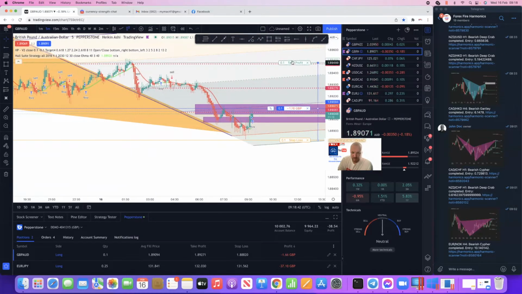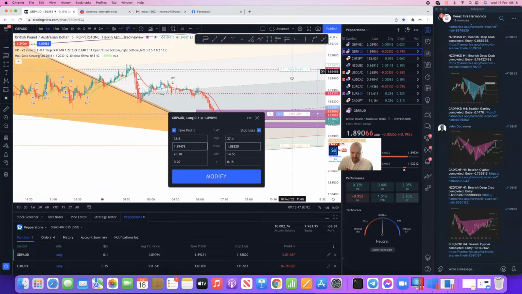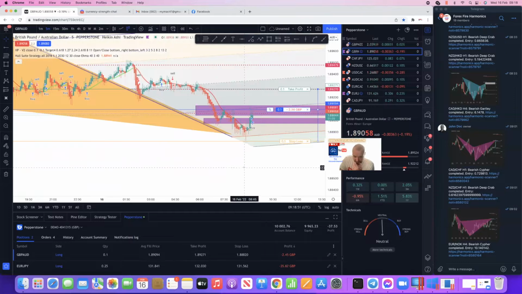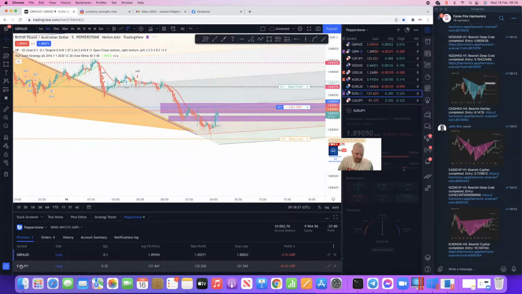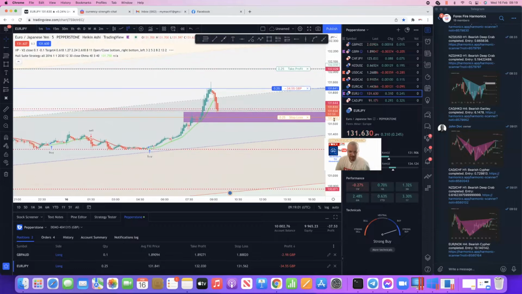So if that take profit was up to this level, we should have run about £20 return. We'll keep it to the first level for now. Some heavy drawdown now, to be honest. This might pull back a bit. We might get a bit of a pull back up towards the area.